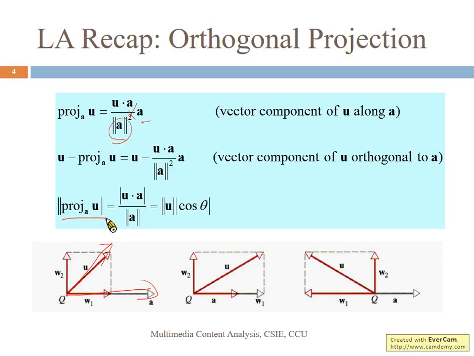And the length of the projection of u on a is simply the norm of this vector, which is equal to the absolute value of the inner product between u and a divided by the norm of vector a. This is actually equal to the norm of u multiplied by cosine theta, where theta is the included angle between u and a. That's what we have learned from linear algebra.